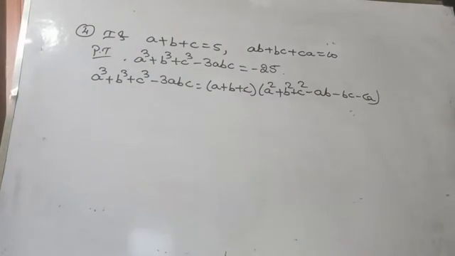Am I right here? a cube plus b cube plus c cube minus 3abc equals a plus b plus c into a square plus b square plus c square minus ab minus bc minus ca.